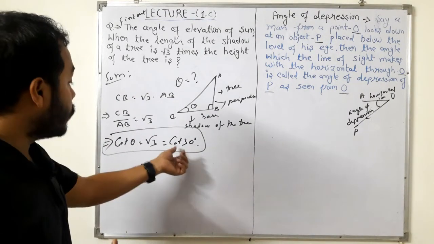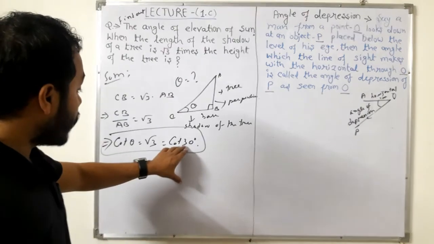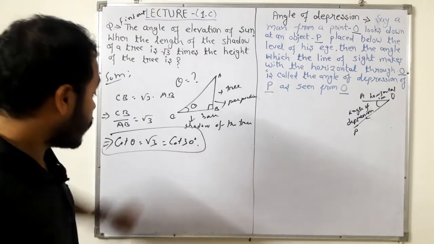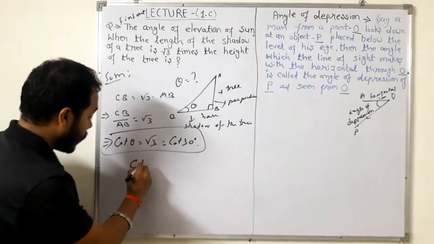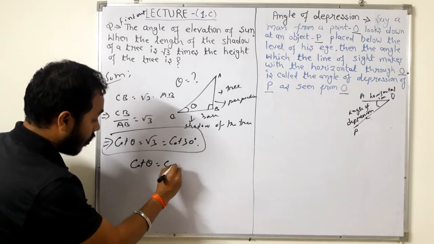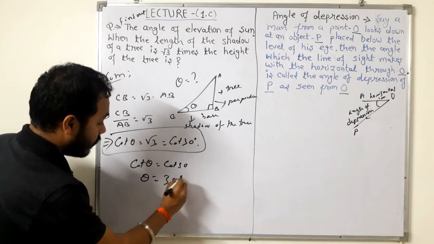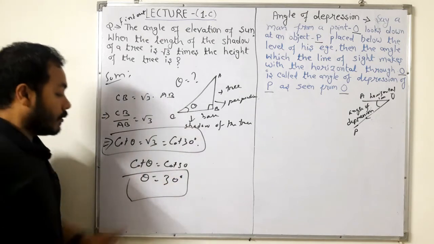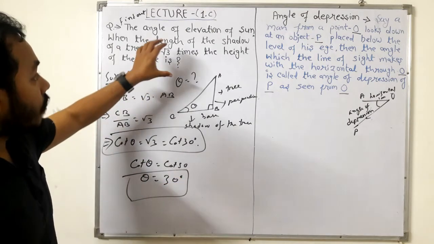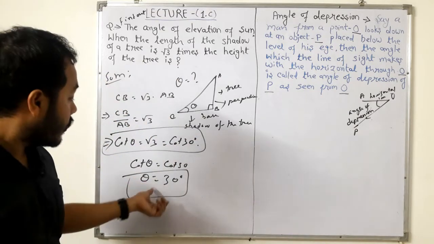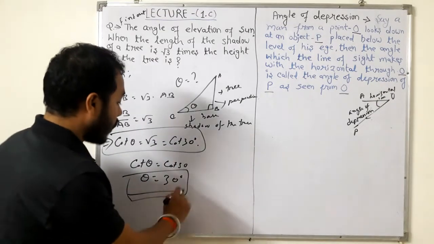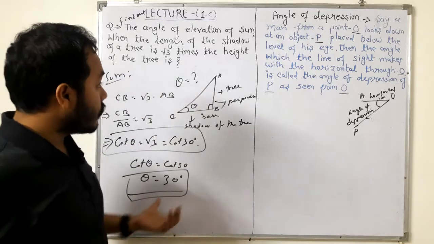Go through it if you have not already gone through the values of the different angles. So cot theta is equal to cot 30, that is, theta is 30 degrees. So the required angle of elevation is theta equal to 30 degrees. Is this clear to you?